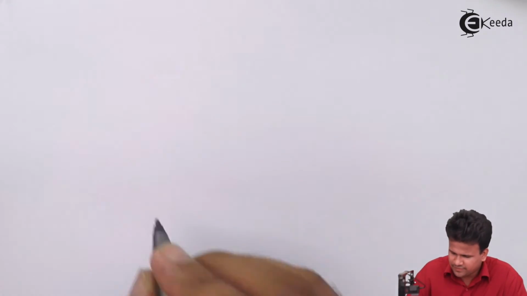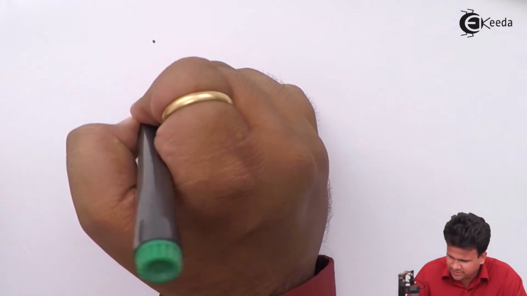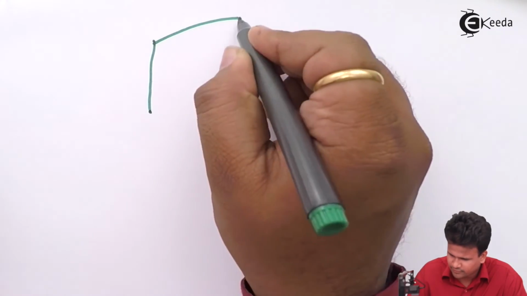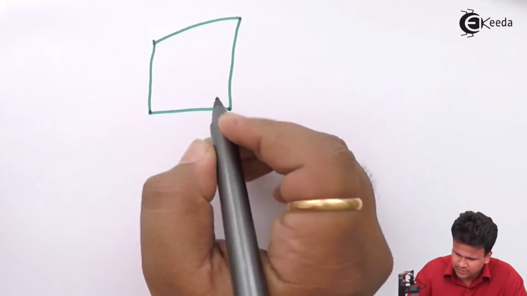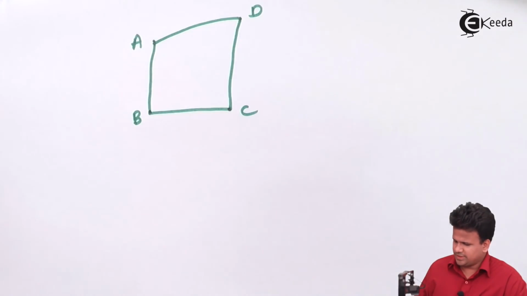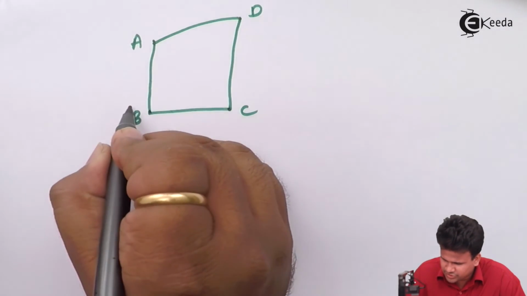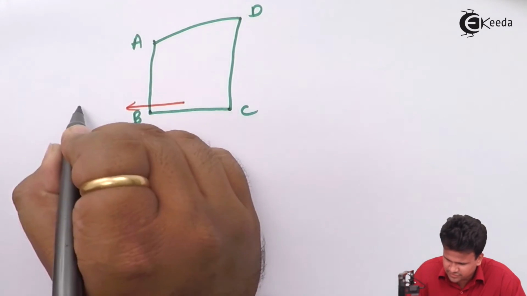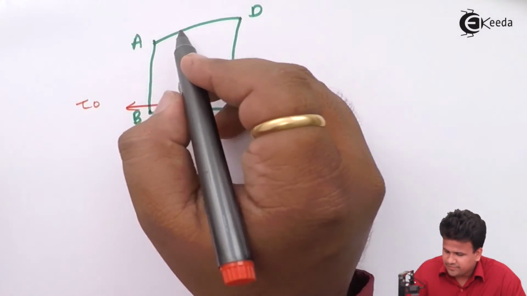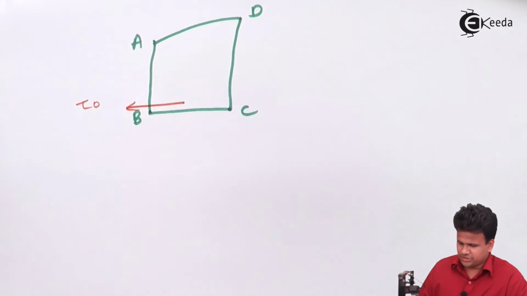For that we will draw the diagram all over again. Now over here we have these four points A, B, C as well as D. In this, the drag force or the shear force is towards the left, so the shear stress is towards the left, and we have to calculate the change in momentum.